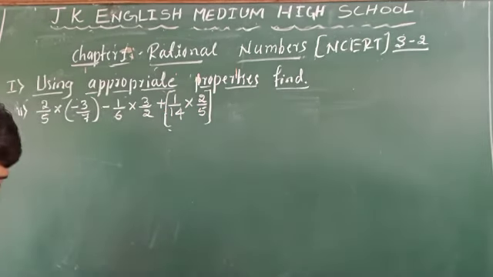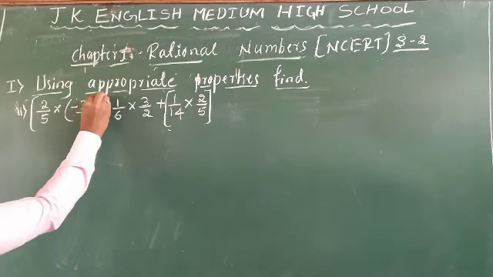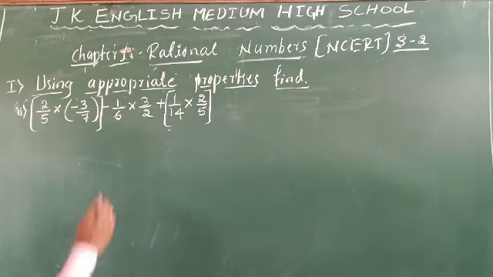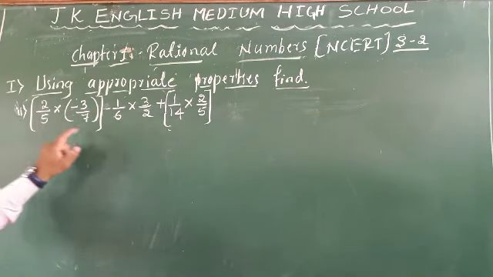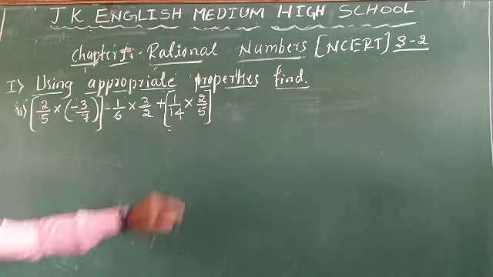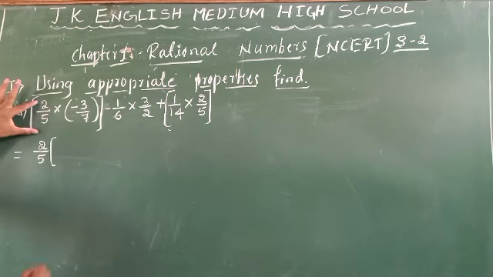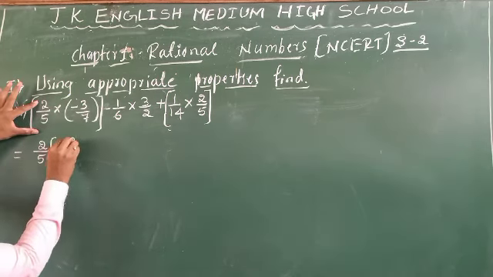This is the first set, and here this second set. Why have I made the sets? Because 2 by 5 is common here. Here also 2 by 5 is a common value. That's why, what to do now? Take 2 by 5 common. So after taking 2 by 5 common, the remaining is what?